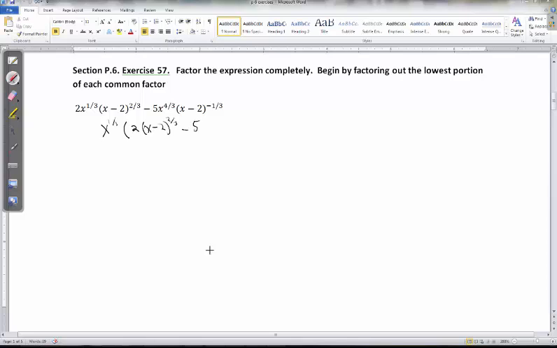minus 5. If I take x to the 4/3 and divide out x to the 1/3, that will leave me with x to the 3/3. I subtract the exponents, which will just be x. So this should be 5x. And I haven't done anything with the x minus 2's yet.